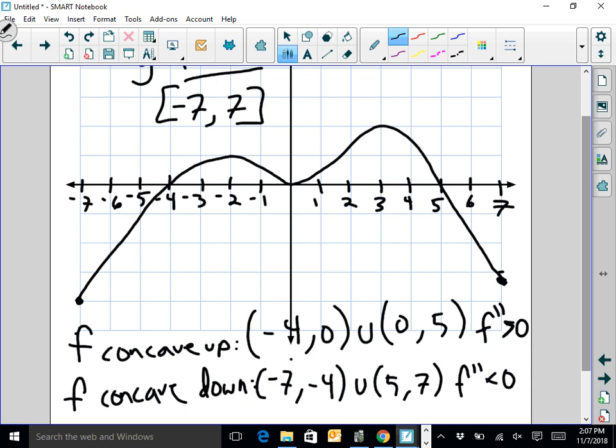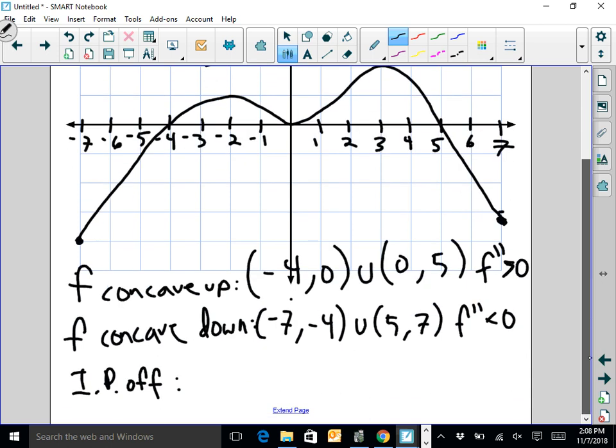So where does F double prime switch signs? You might think there are 3 points, but there are only 2 points. 0 is not an inflection point because F double prime didn't change signs. F double prime hit 0, but it never changed signs. F double prime changes signs at x equals -4 and x equals 5. Justification, that's where F double prime changed signs.